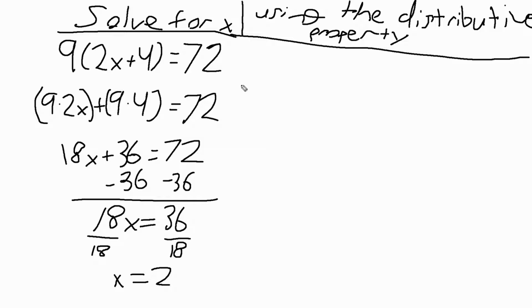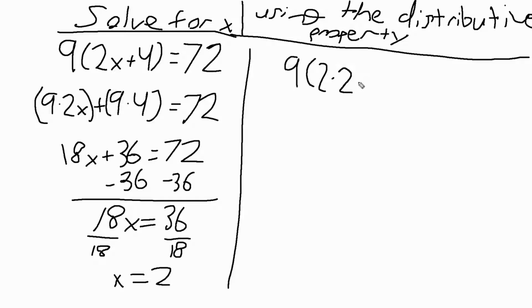And we could check if this works by plugging it in where the x would be. So we would do 9 times (2 times 2 plus 4) equals 72. Now what we would do is 2 times 2.